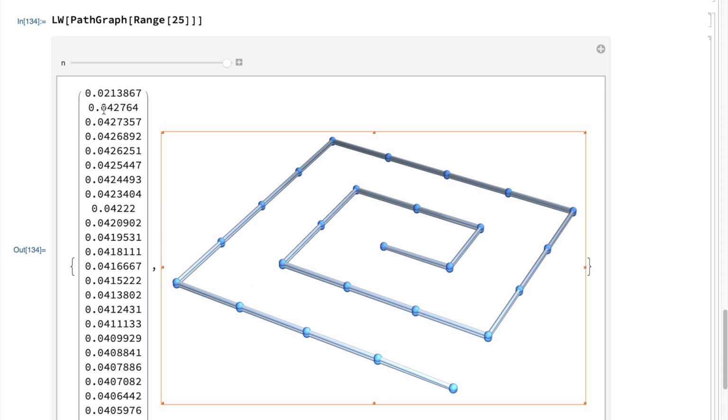You see a probability of twice as much on each of the 23 interior vertices and half that on the 2 boundary vertices.